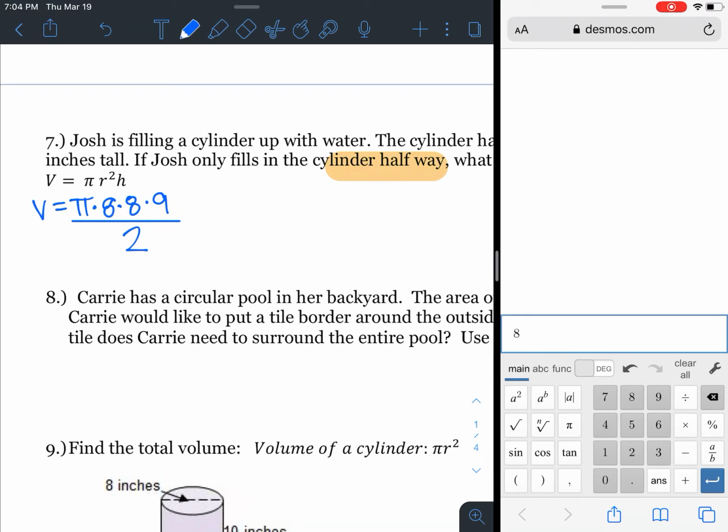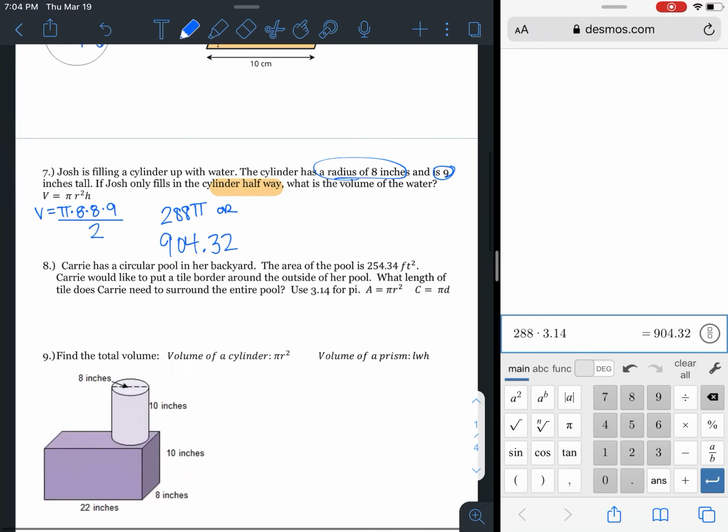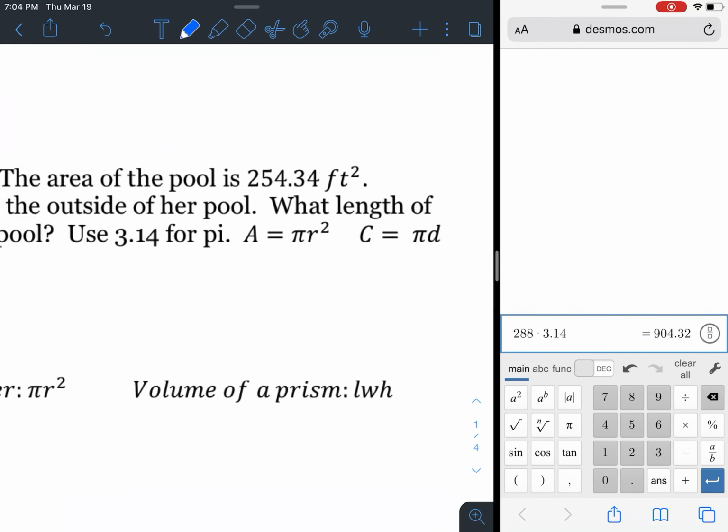So either 8 times 9 divided by 2, 288 pi, or 288 times 3.14, 904.32. Either one works.